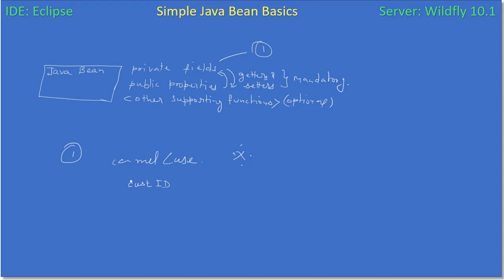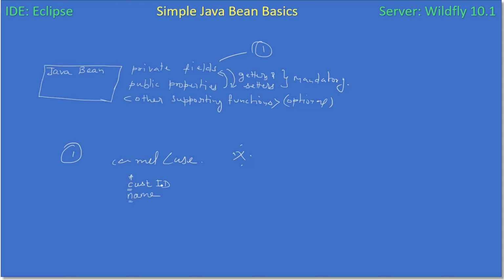But the very important thing is the first letter should be lowercase, not uppercase. If you use only a field called name, then n should be lowercase. So the private member fields should start with a lowercase letter. After that you can follow the Java standard of camel case.